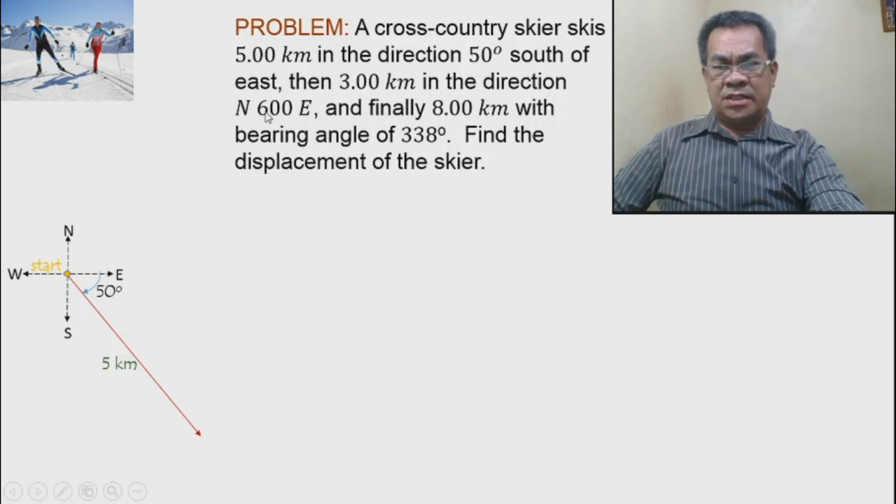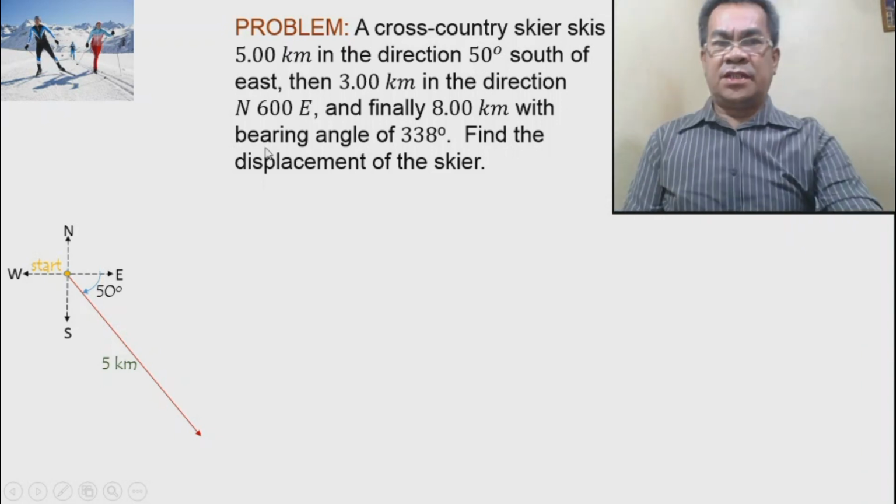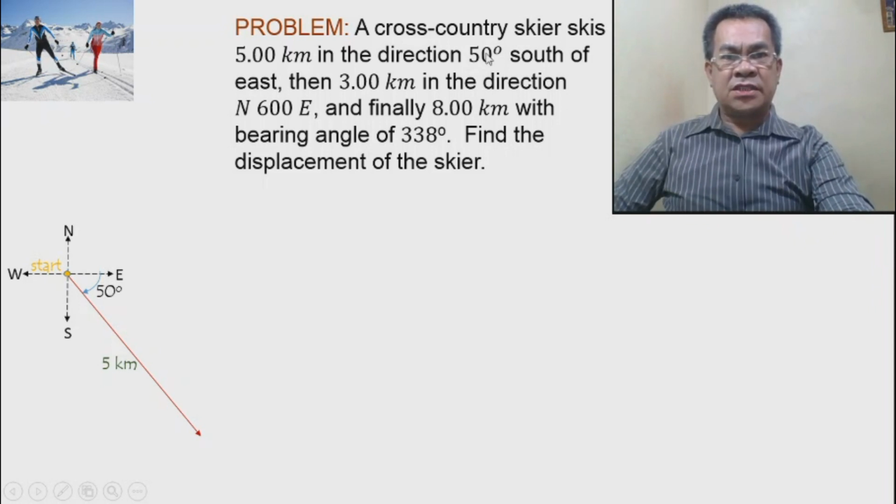The meaning of this is north 60 degrees east. So this is different from the earlier one, which was 50 degrees south of east. This is north 60 degrees east.